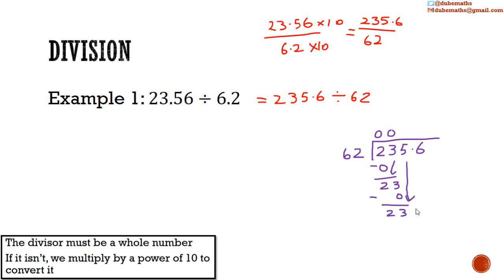Now we are considering 235. 3 multiplied by 62 is equal to 186. 235 minus 186 is equal to 49. Bring down the 6. 62 into 496 is equal to 8.